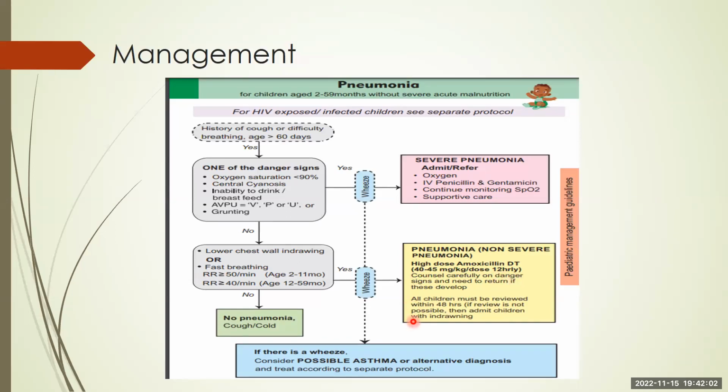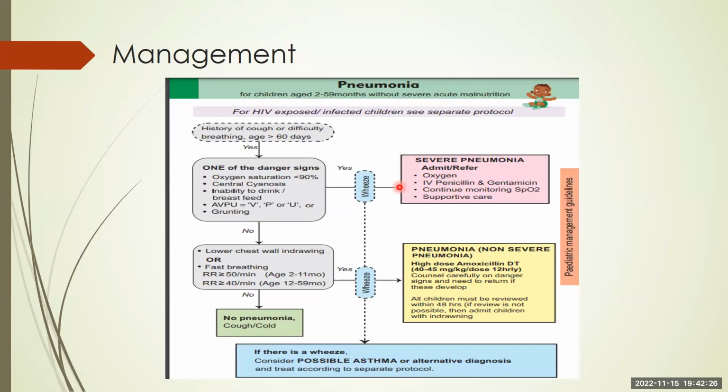And you should counsel the mother on the danger signs, and review the child within 48 hours. If the child has history of cough or difficulty in breathing with none of these signs, then that is cough or cold, there is no pneumonia.